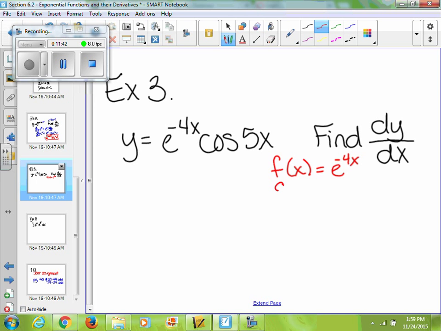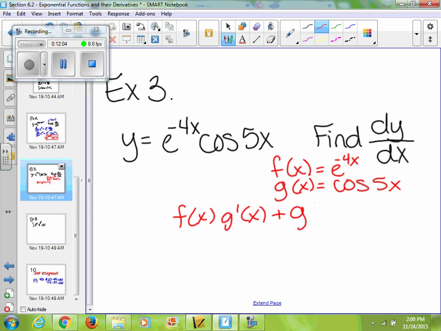So the first thing I'm going to do is think way back to my product rule, and I'm going to let f of x equal e to the negative 4x and g of x equal cosine of 5x. And then the rule was first times the derivative of the second plus the second times the derivative of the first. So I need to find my derivative of g of x and my derivative of f of x.